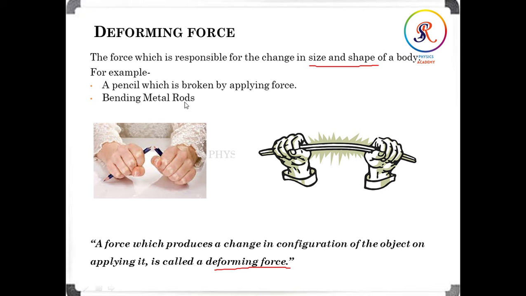Next, another example: bending metal rods. We already know that metals possess a significant amount of elasticity. This is the reason they can be converted into rods and sheets.